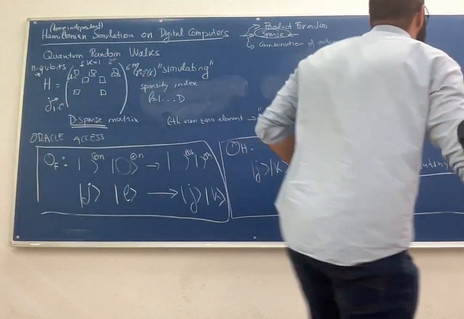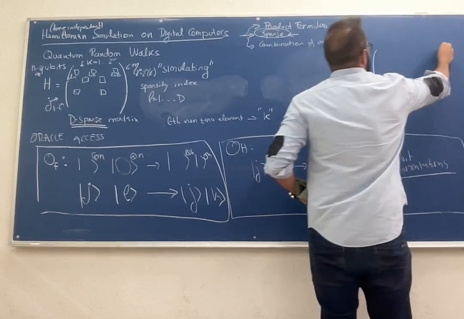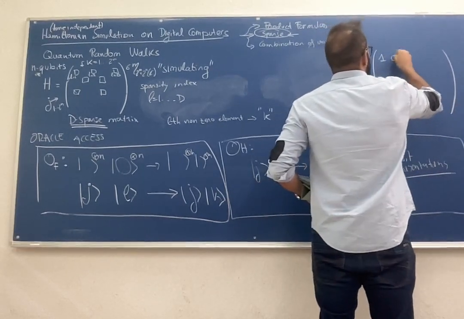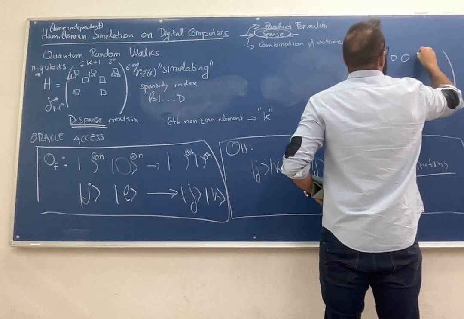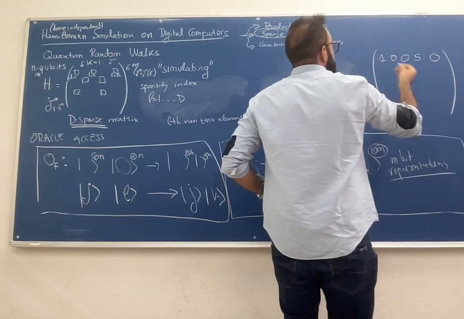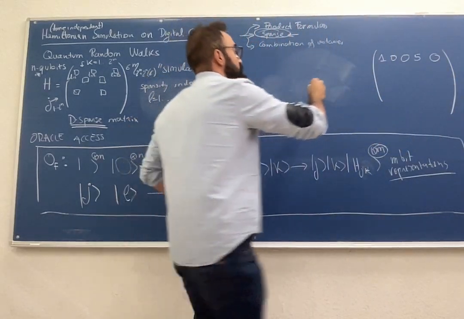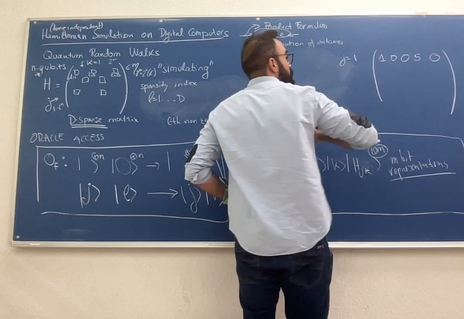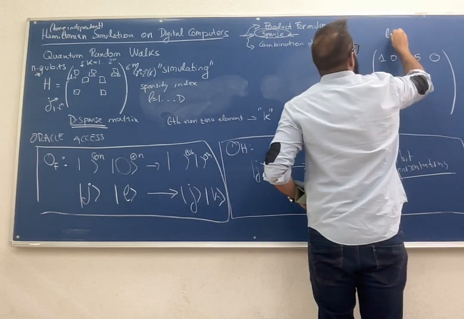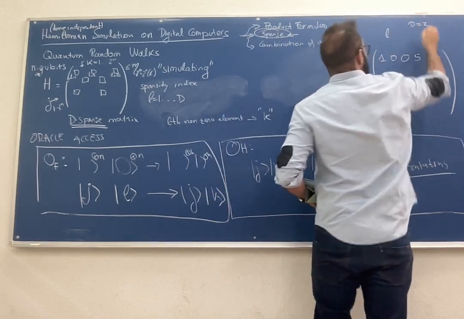Let's take an example. So imagine that you are given this Hamiltonian. So you have j equal 1, and let's say that in this case d is equal 2.